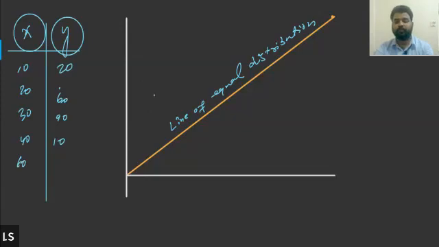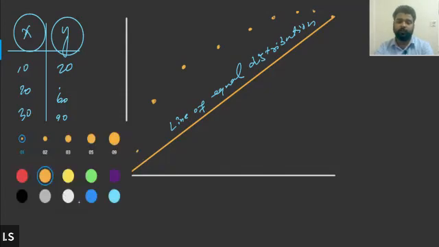Let's suppose I have plotted the values of the x variable. One point is plotted here, then the next point, and the next. This is how all the values of the x variable are plotted on this graph.